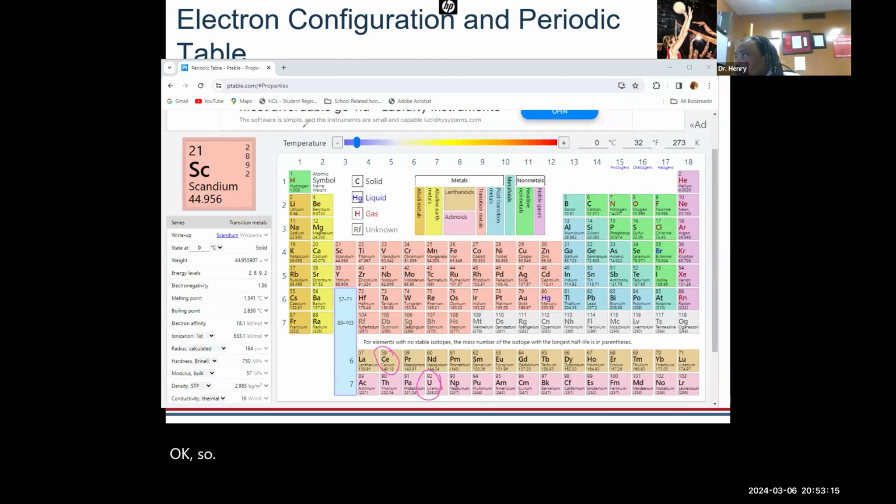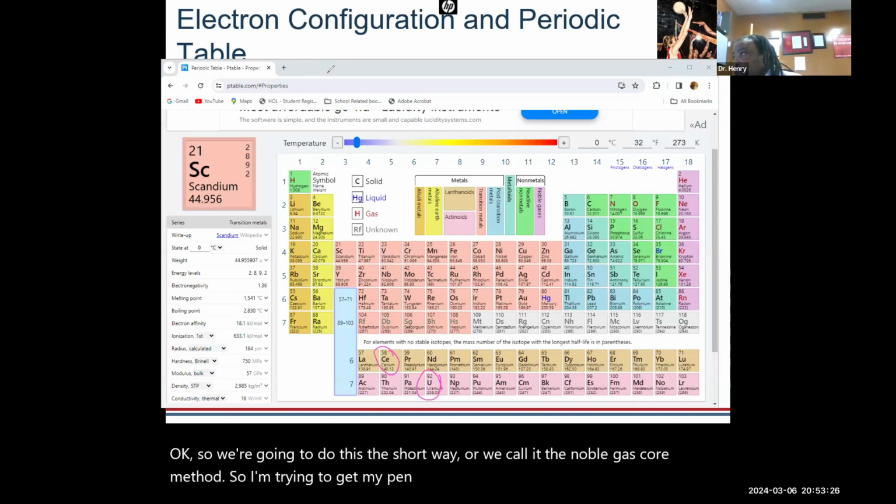Okay, so we're going to do this the short way, or we call it the noble gas core method. Trying to get my pen already. Okay, so we're doing Ce.